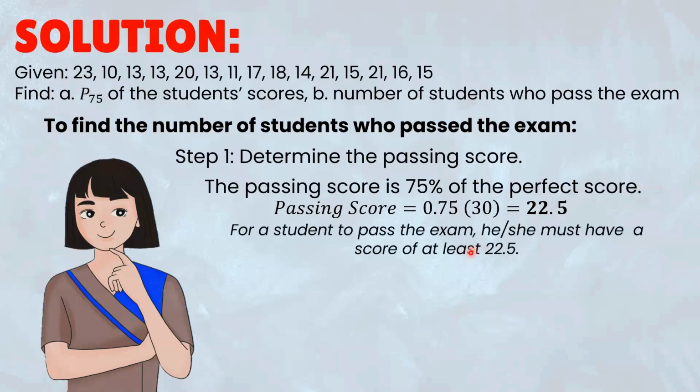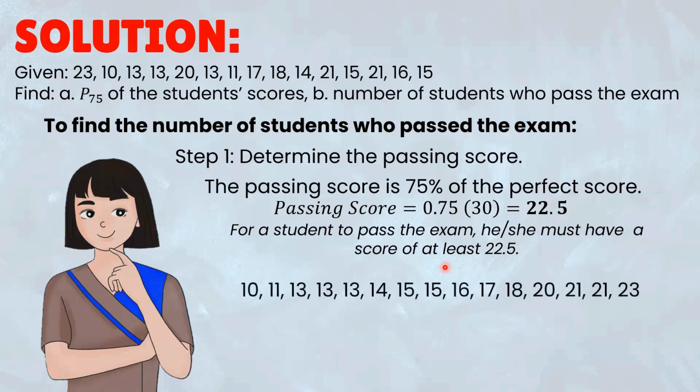So for a student to pass the exam, he or she must have a score of at least 22.5. These are the scores of the students. Thus, among the test takers, only one student passed the exam, the student who got the score 23.